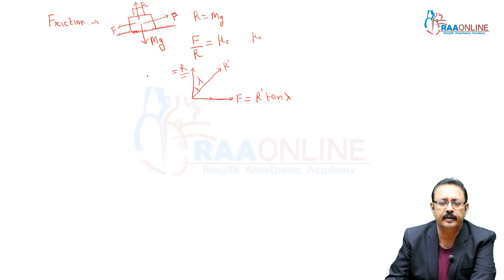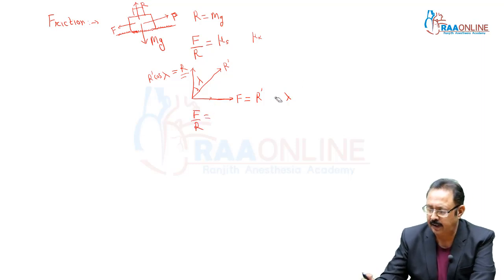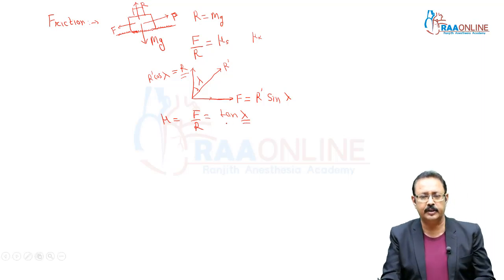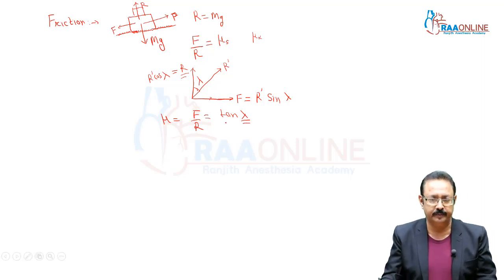R should be R dash cos lambda, because with this line it is making angle lambda. So F upon R, R dash will cancel out, sin lambda, perpendicular component. So sin upon cos will become tan lambda. It means mu should be equal to tan lambda. It is known as the angle of friction.